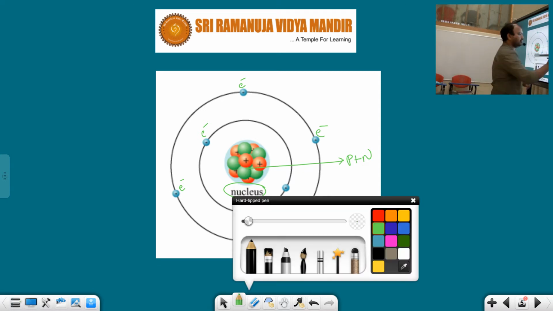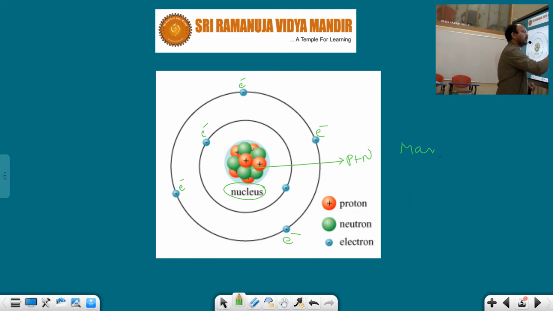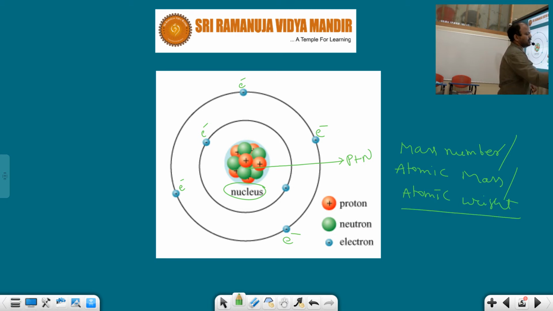And how to define mass number? Mass number is also called atomic mass, and atomic mass is also called atomic weight. Mass number is designated as capital A. It is simply the sum of protons and neutrons; sum means plus, difference means minus.